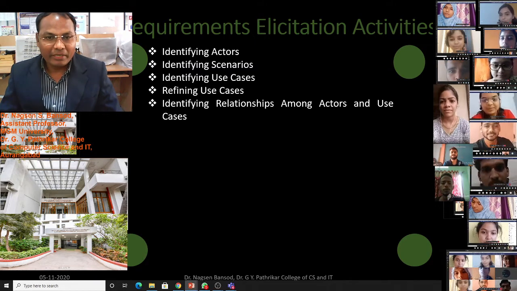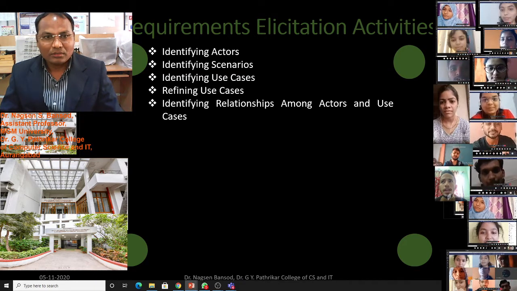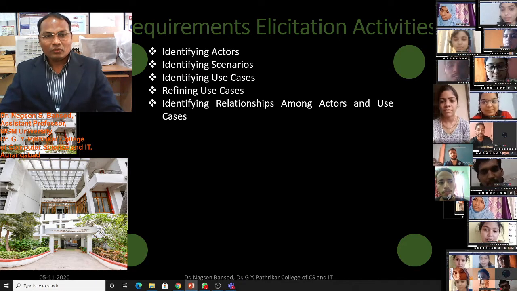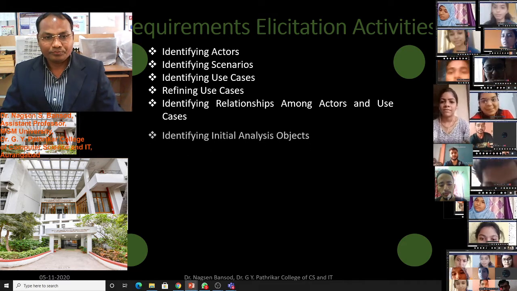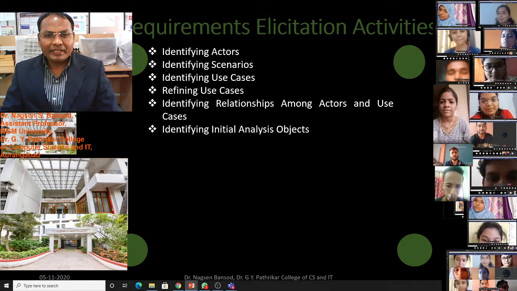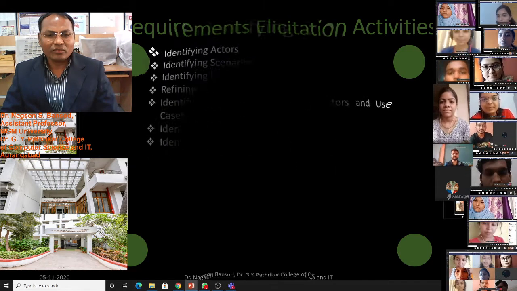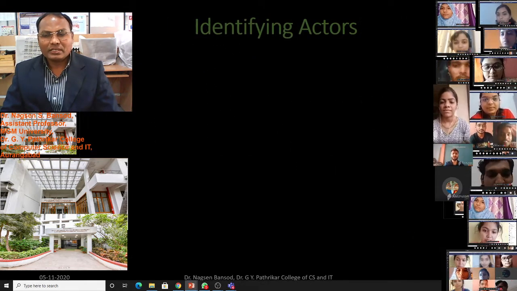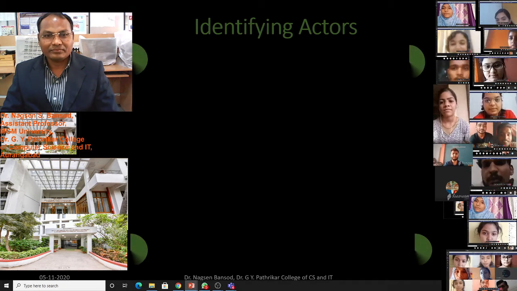In previous lectures we have identified actors. Now in today's lecture we will identify the scenario. Identifying initial analysis objects and identifying non-functional requirements are also activities for requirement elicitation.